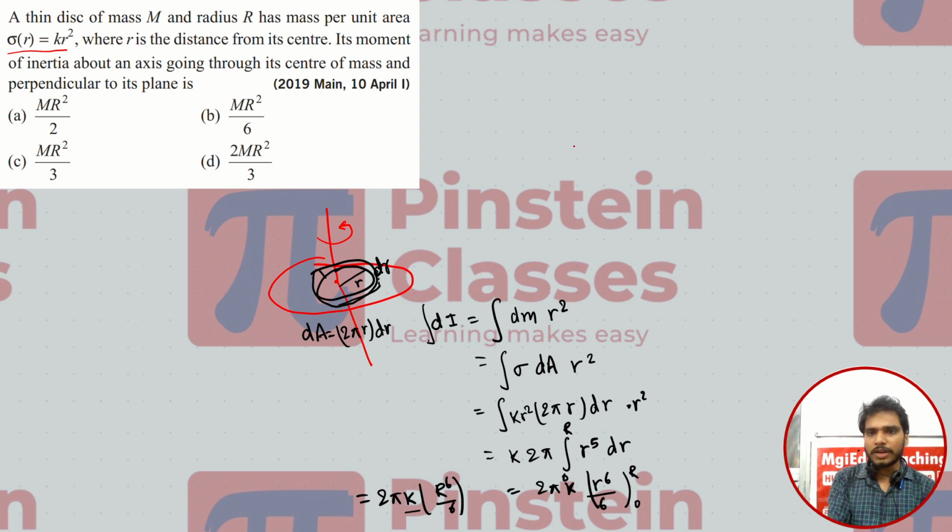To calculate the value of k, we know that total mass is given as m, and total mass is the integration of small dm.